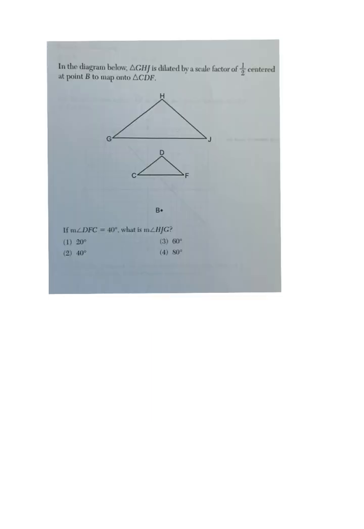Alrighty, the next question. So if you look at this one, we're also doing a scale factor of 1/2. So you can see that the picture, CDF, is definitely getting smaller and getting cut in half. Now, if you look at these two triangles, they are similar triangles. And remember, in similar triangles, the angle measures remain the same. The only things that change are your corresponding sides.